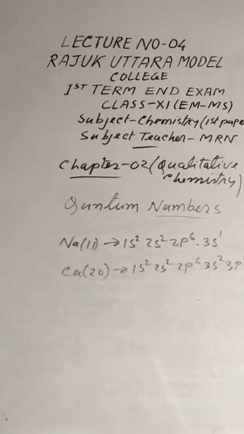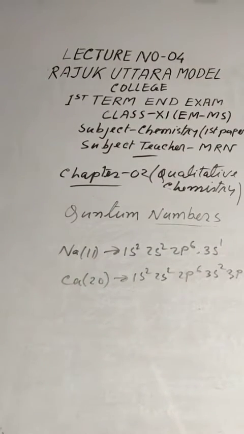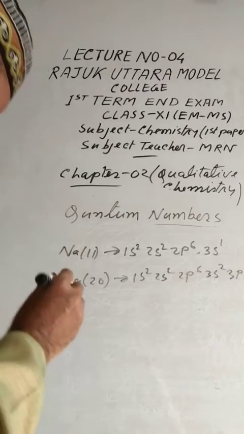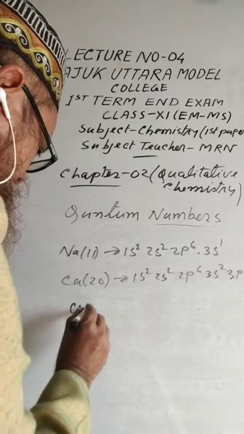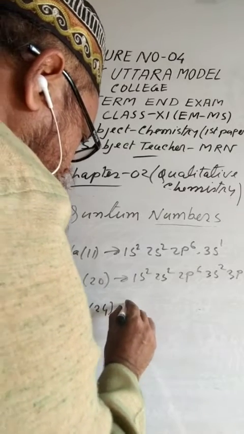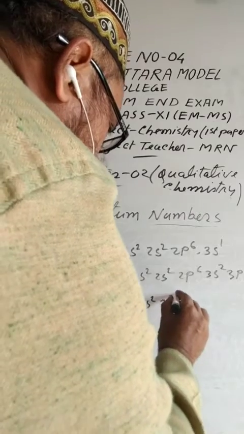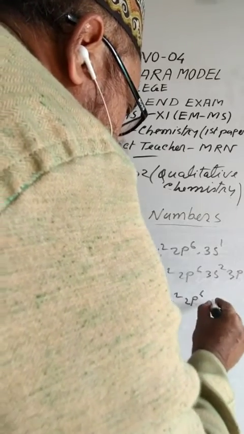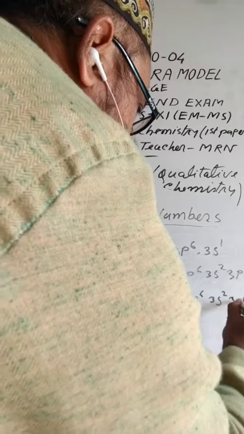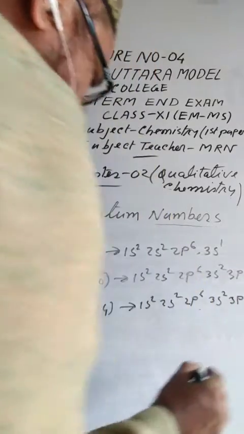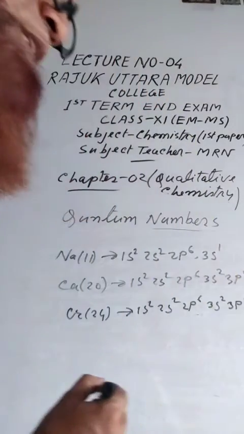Following this, the example of the electronic configuration of chromium, 24: 1s2, 2s2, 2p6, 3s2, 3p6. Here, for the 24th electron it would be 3d4, but 3d4 is not stable while 3d5 is stable, being half filled, so it will be 3d5 and 4s1.